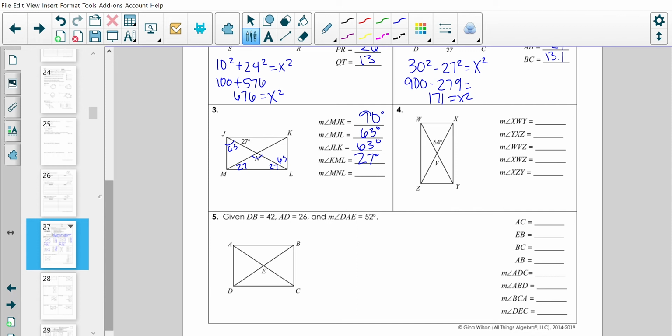What do you get? Is it 138? No, the answer is not 138. You're typing something wrong. 126. There you go.